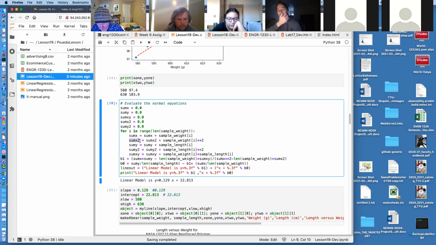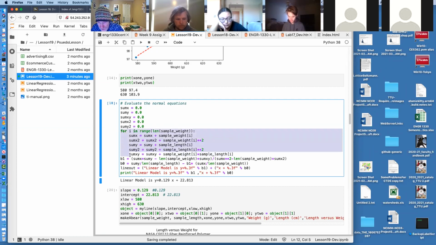Sum of x squared, we take what's in the accumulator and we add to it the value of sample weight quantity squared. Sum y, we take what's in the accumulator, we add the sample length to it. Sum y squared, we take what's in the accumulator and we add the sample length quantity squared. Sum of xy, we take what's in the accumulator, we add the sample weight times the sample length.